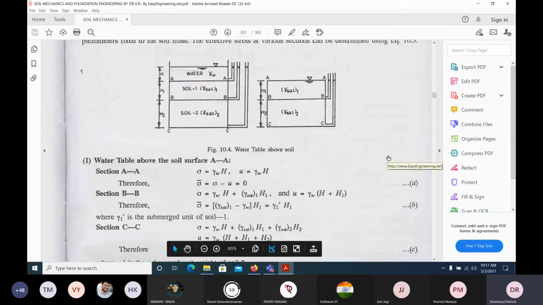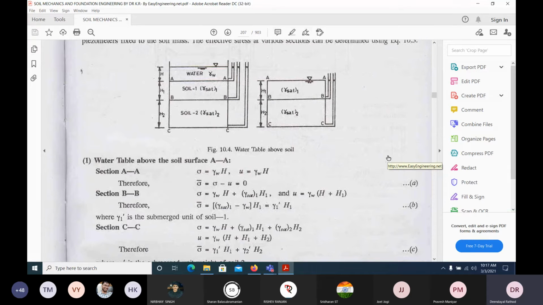Now let us take section BB. How can we find out the total stress? Gamma W into H plus gamma saturation of soil 1 multiplied by H1. Gamma W into H, if you keep your hand there, plus whatever you feel, gamma saturation 1 is given, multiplied by H1.